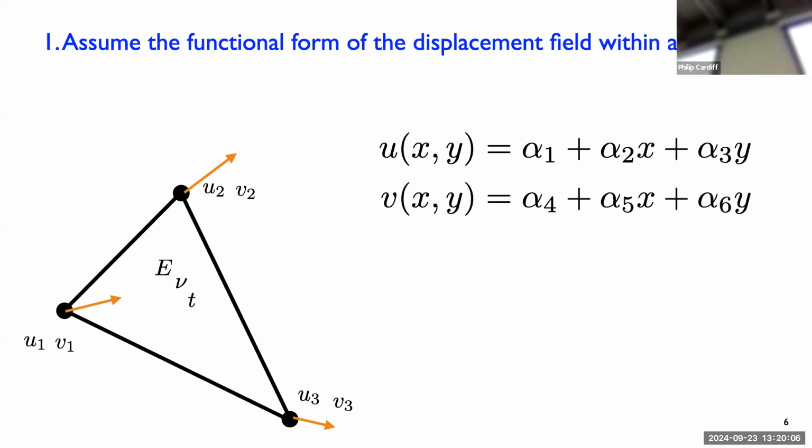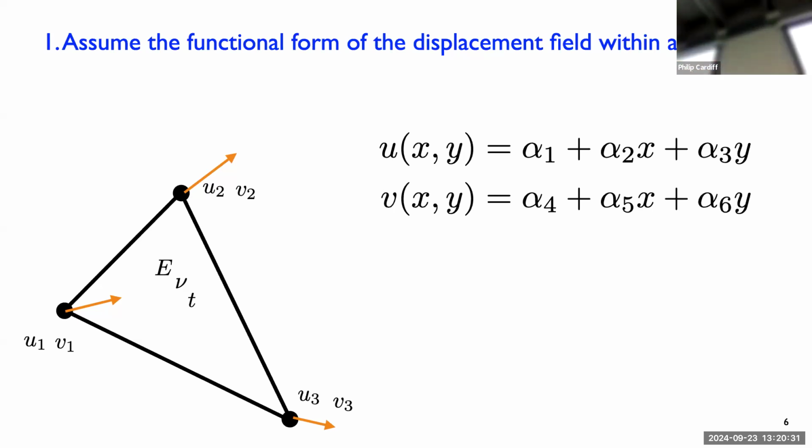So imagine the X displacement will vary in some way across the element between the nodes. The true displacement field, we don't know what it is, but we're going to approximate it with a simple polynomial within each element, have lots of elements, and then as we refine the elements, this discretization error will reduce at a certain rate dictated by the order of accuracy.